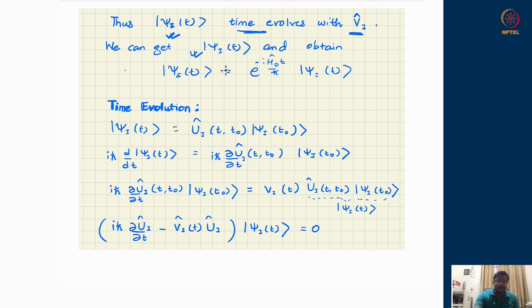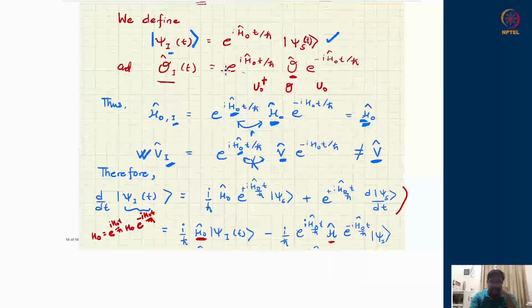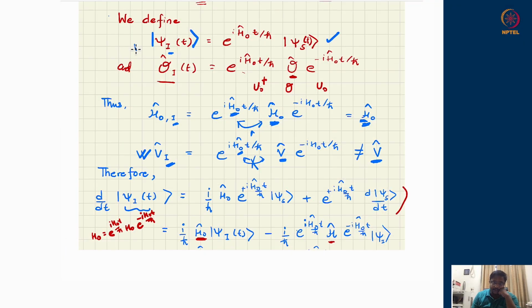And since I know the relation between psi I of t and the Schrodinger psi S of t, they are related by this operation.